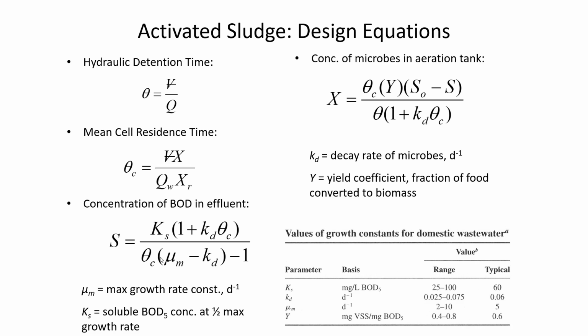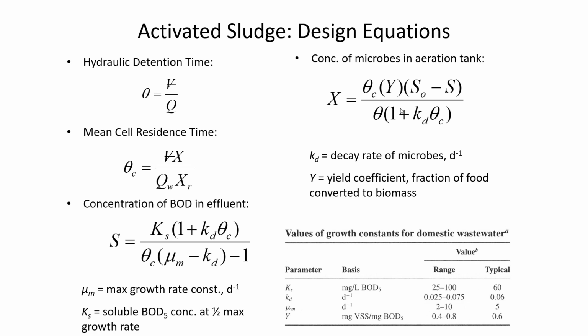And so where we do account for the incoming concentration of BOD is here when we're calculating X, which is the concentration of microorganisms in the aeration tank. So this is saying that the difference between the incoming and the outgoing concentration is going to tell you what concentration you need to have in the aeration tank.